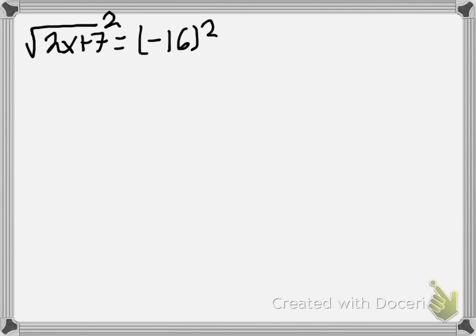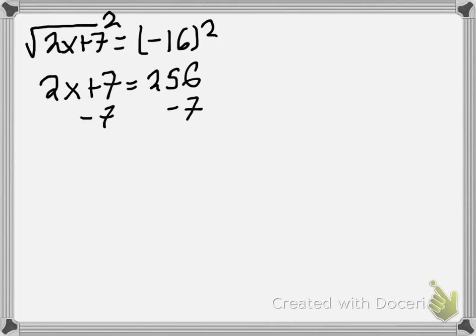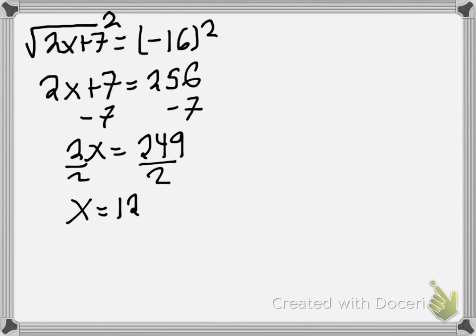So that will give us 2x plus 7 is equal to 256. We're going to subtract our 7, and we're going to get 2x equals 249. And then we're going to divide by 2, and we're going to get x is equal to 124 and a half.